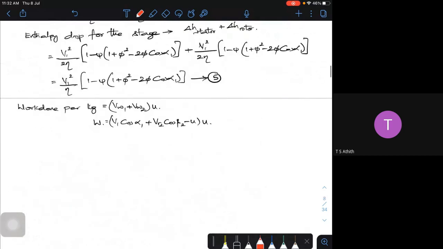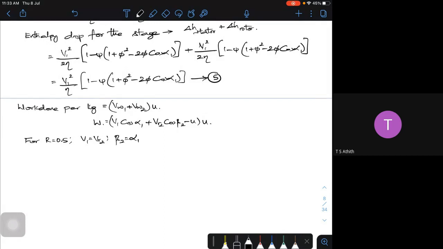For r is equal to 0.5, I am getting V1 is equal to VR2 and beta 2 is equal to alpha 1, because the similar triangles ADB and ADF, both the triangles are same.